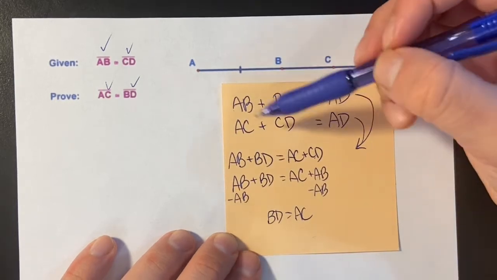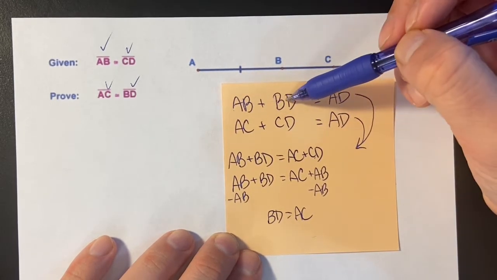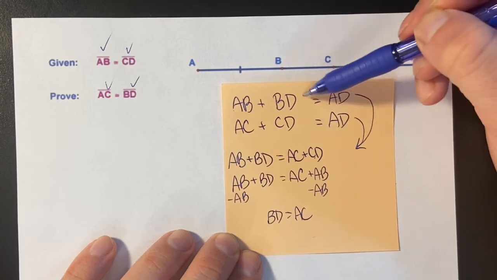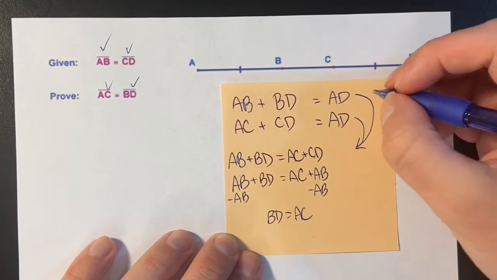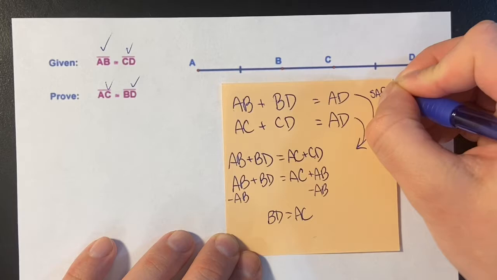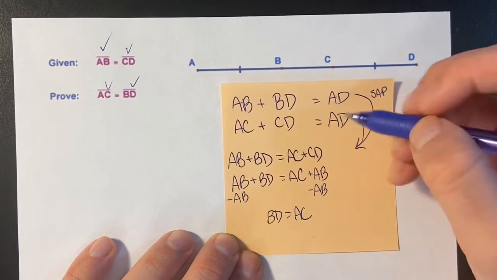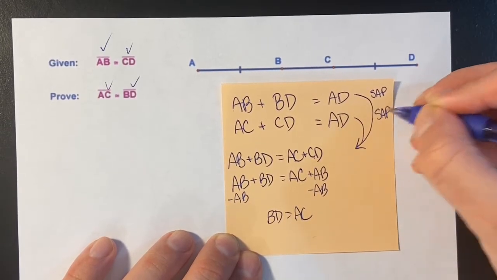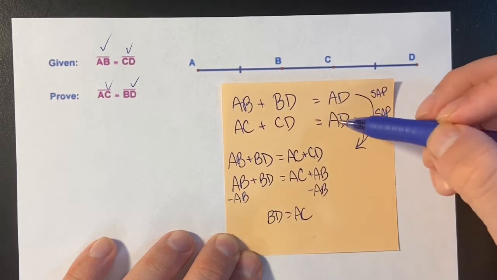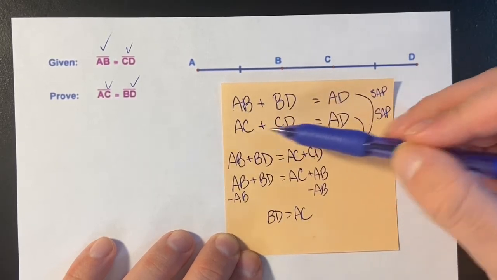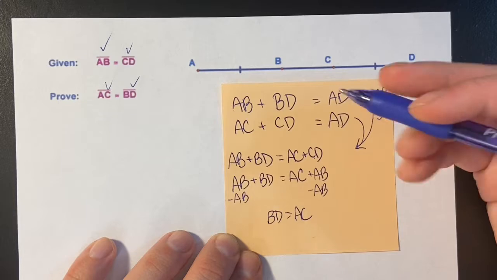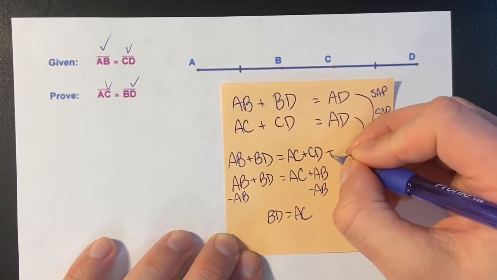Okay, so what did I do up here? When I take two segments and I add them to get anything else, I use the segment addition postulate, SAP. I did it again. I then said, since this guy is AD and that guy is AD, then this guy equals that guy, and that is the transitive property.